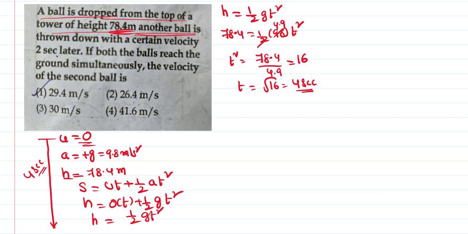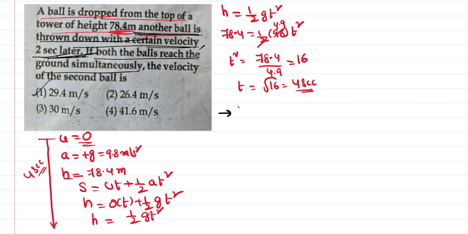And simultaneously, another ball is thrown down with a certain velocity 2 seconds later, but both the balls reach the ground simultaneously.